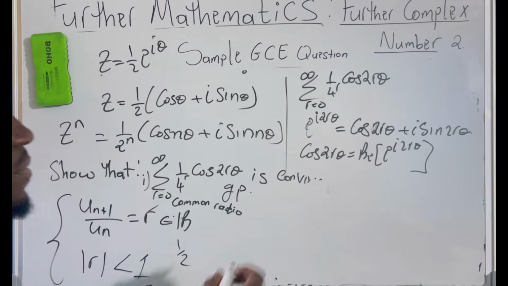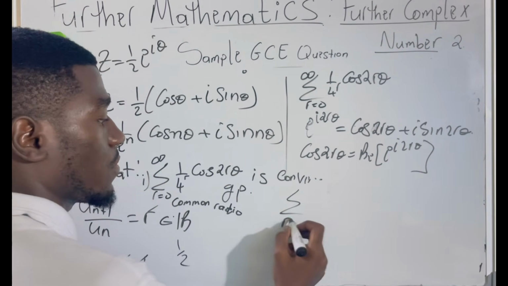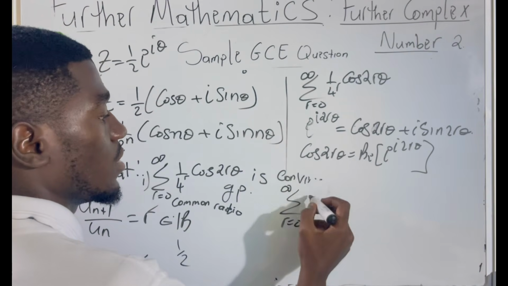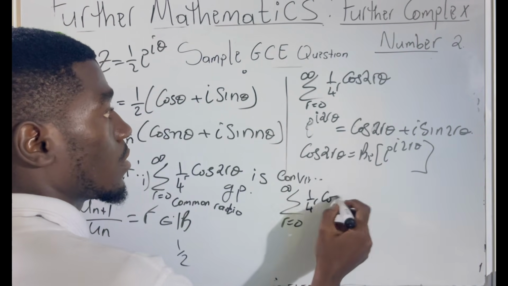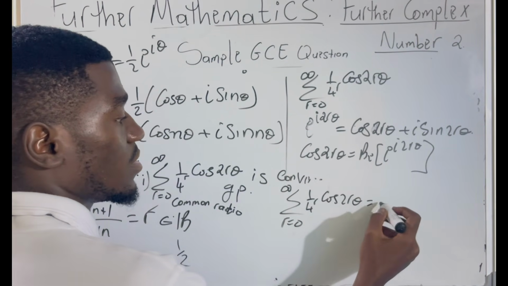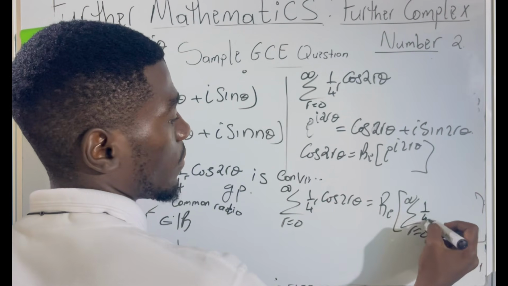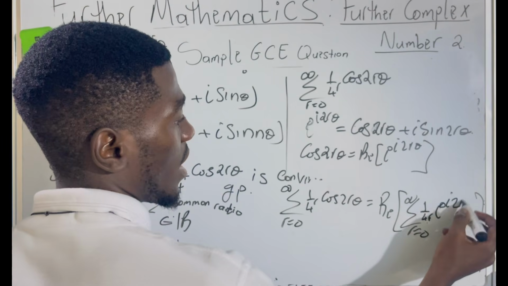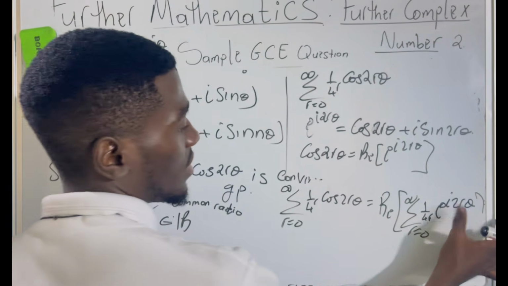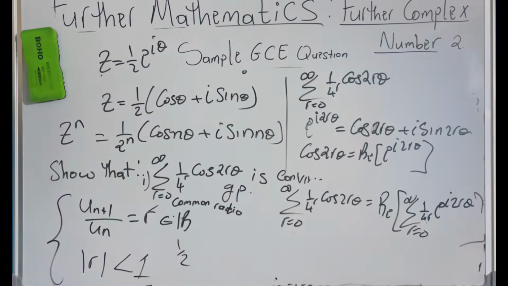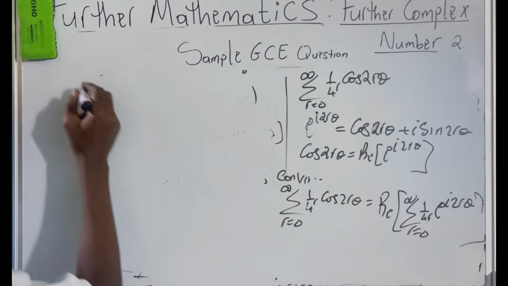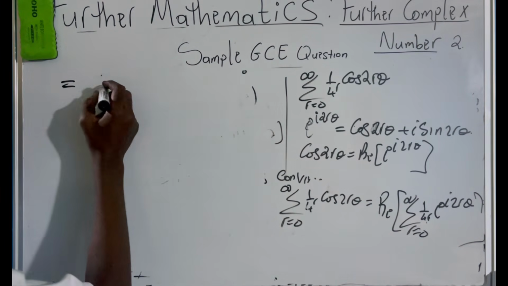Okay? It means that this sum, the sum from r equals 0 to infinity of 1 over 4 to the r cos r theta, is simply the same as the real part of the sum of 1 over 4 to the r exponential of i r theta. When I expand this, I will take the real part. The first term will be 1.